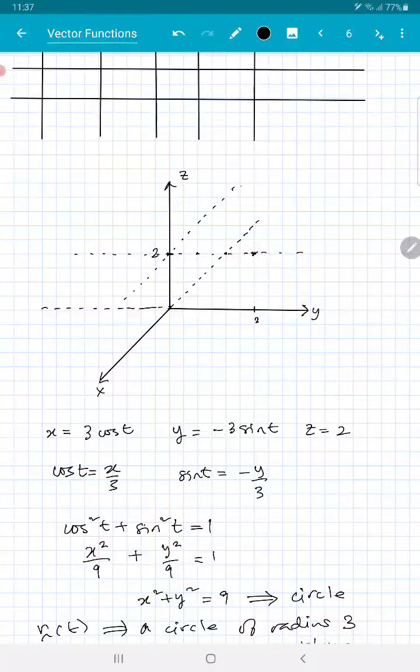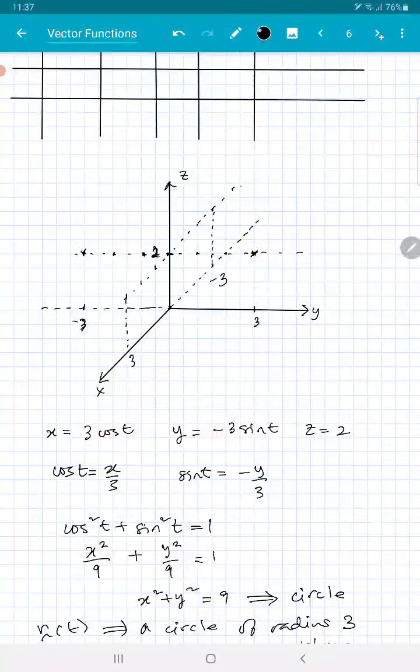So this is 3, and here we have 1, 2, 3, so that is -3. So it will go through this point, that point. This is a 2, and this is 1, 2, 3, so this is 3, and here we have 1, 2, 3, so this is equal to -3, right?